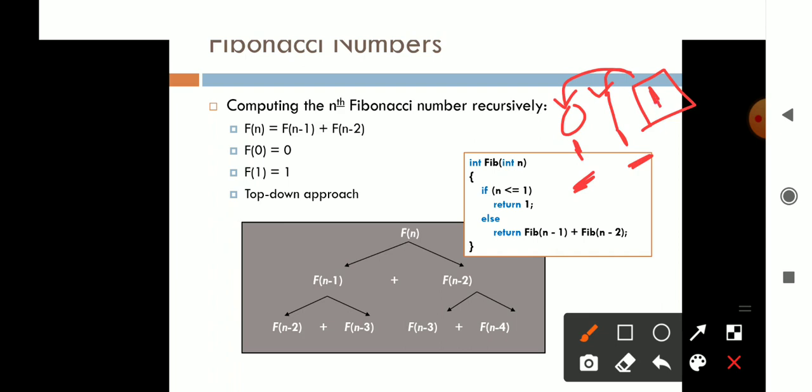So the third number in the Fibonacci series is 1. Now suppose we want the number after this one. Here n minus 1 is this number, and n minus 2 is this number, and both are 1. So n minus 1 is 1 and n minus 2 is again 1, and we add those two numbers.